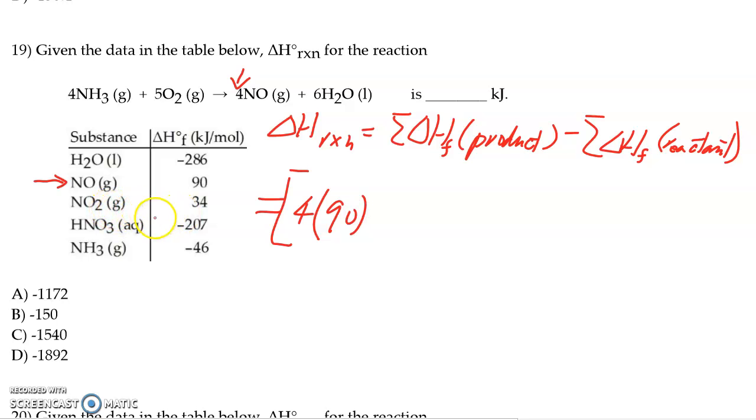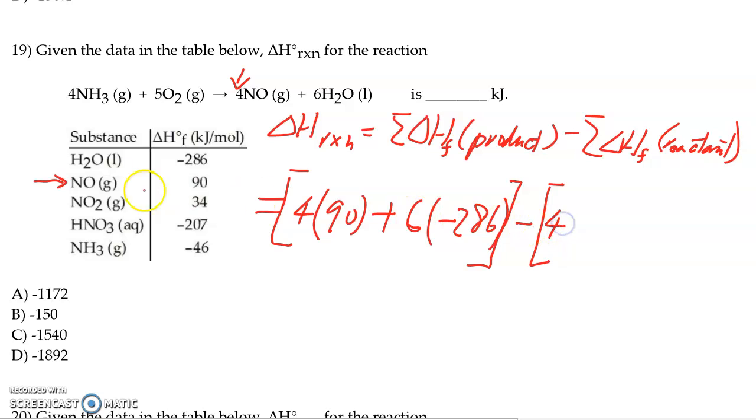It's not the 34 here, okay? It is the 90, be careful. All right, plus 6 over here times the enthalpy of formation of liquid water, it is negative 286. Okay, so I get everything on the product side. All right, and then that minus the sum of the enthalpy of formation of the reactants.